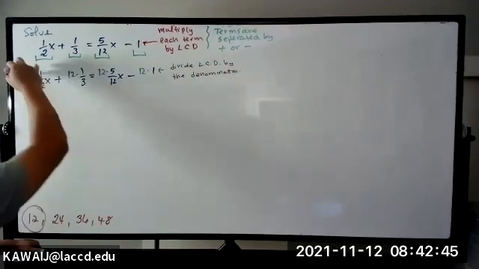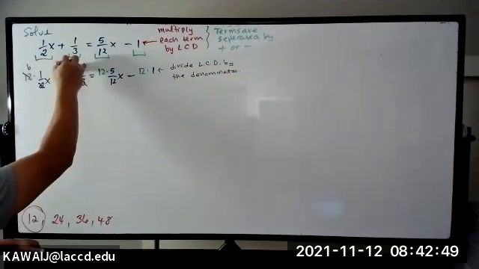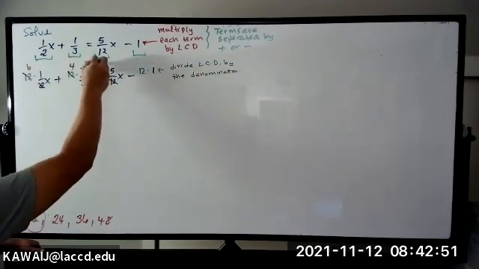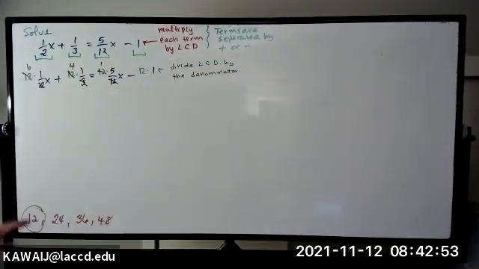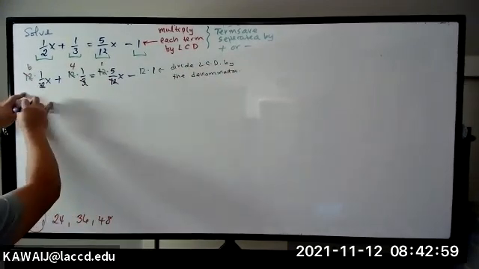So I want to divide this and this, this and this, this and this. Okay. Now notice that because we do that division, we get rid of all of our denominators.